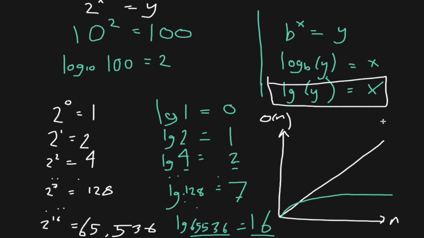And hopefully this will become even clearer when we see an example in the binary search video. But because it is faster than linear time, if you multiply it with linear time, it's going to be faster than multiplying linear time with itself. So n log of n is going to be faster than n squared. So hopefully that gives you perspective of the time complexities.